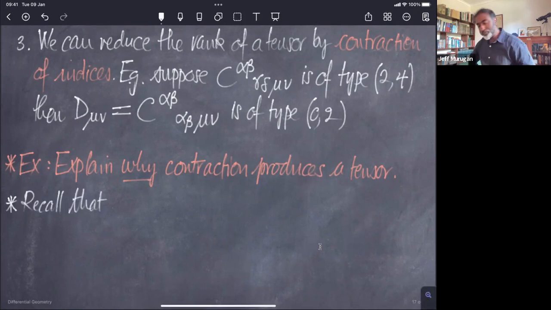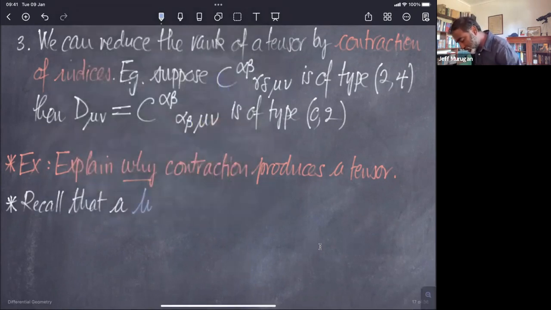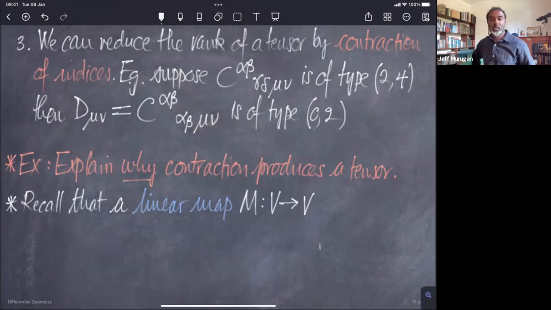Something that you've seen already is a linear map. A linear map with regards to vector spaces is a map from a vector space V to itself. So a linear map, let's say M, that takes V to V, exists independent of any basis. I don't have to pick a basis on the vector space or anything.